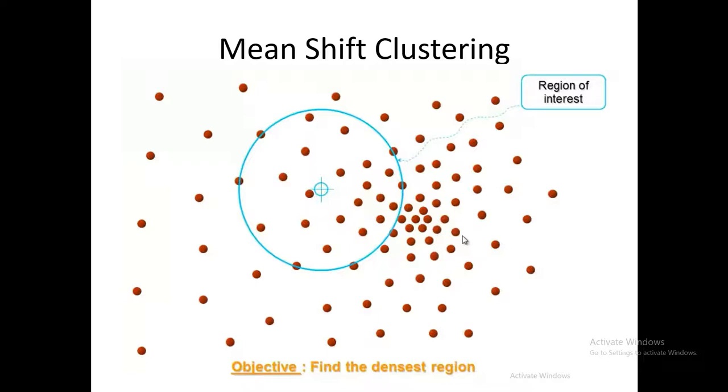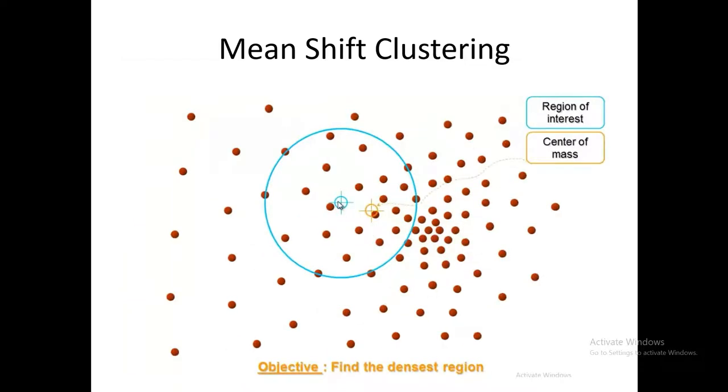We take all these points within this blue circle, and we estimate the center of mass like this, and the center of mass is shown by that small orange circle. It is estimated by taking these points, adding them up and dividing by the number of points, which gives us the centroid or the center of mass.